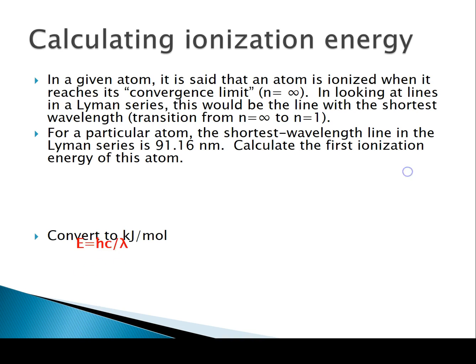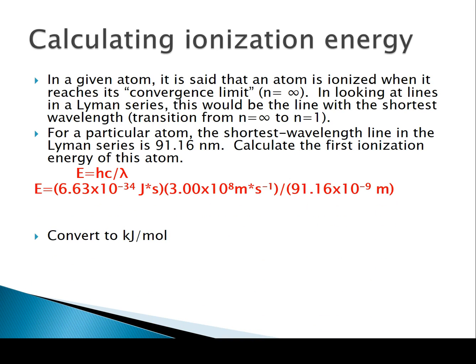So again, all we do is plug into our equation for calculating the energy of radiation. We're given a wavelength, so we're going to use hc over lambda. And when we plug in the numbers, we do Planck's constant times the speed of light divided by the wavelength in meters. Don't forget to convert nanometers into meters. And when we do our calculation, we get 2.18 times 10 to the negative 18th joules per atom.